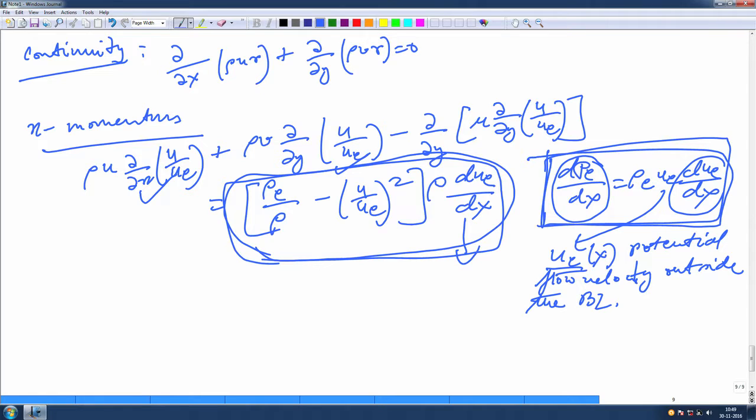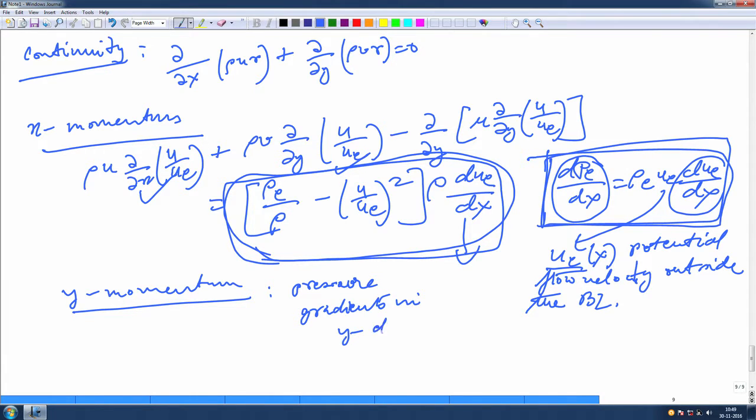And what about the y momentum equation? Now, in the y momentum equation, the pressure gradient in the y direction is negligible, right.